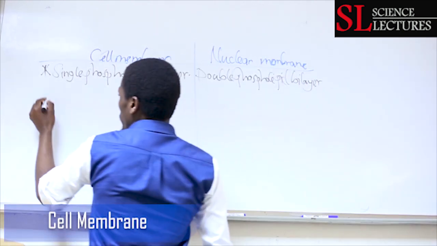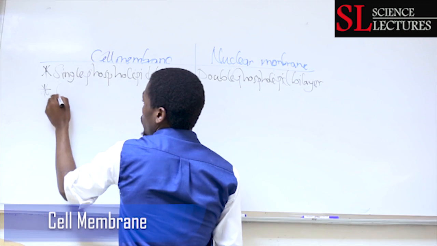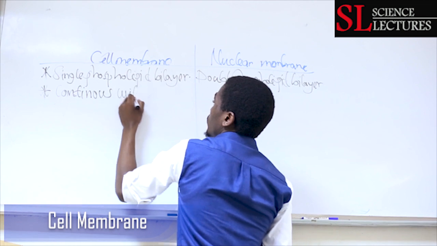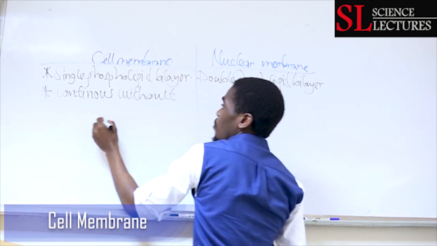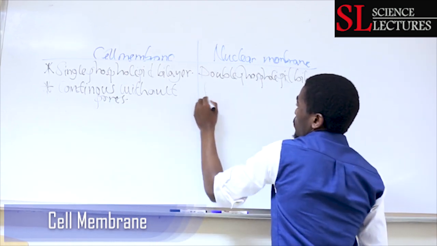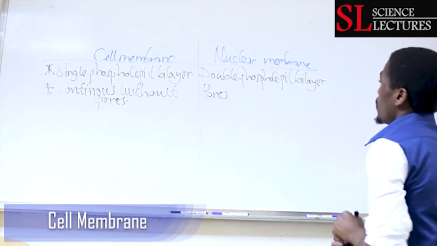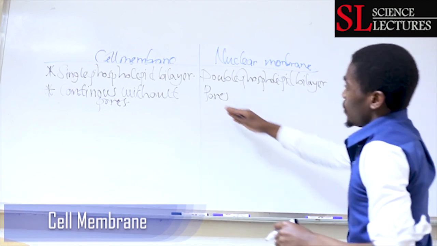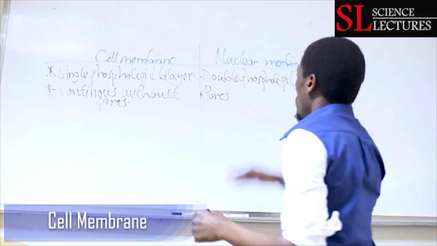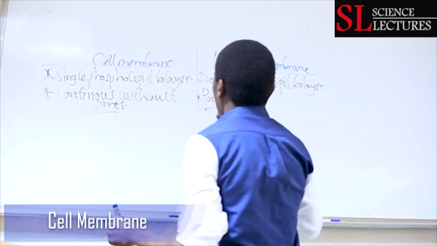Then the cell membrane is a continuous membrane without pores. But our nuclear membrane possesses pores, the nuclear pores we saw in our video of the nuclear membrane. If you missed the video, you can check out the structure of the nuclear membrane.